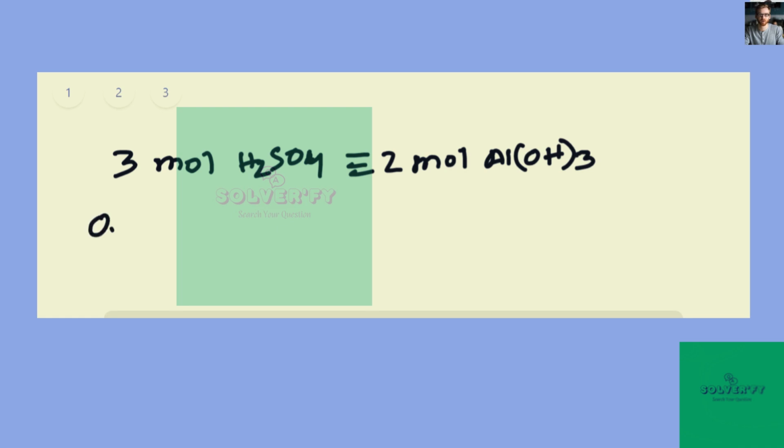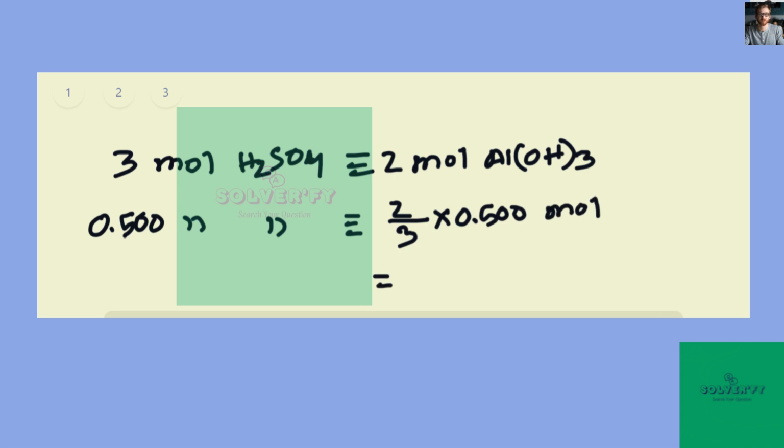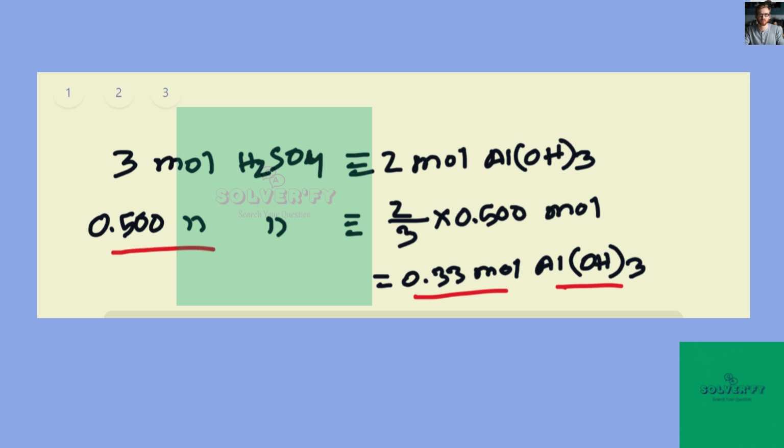That means 0.5 mole of H2SO4 will react with 2 over 3 times 0.5 mole, or 0.33 mole aluminum hydroxide. That means this much mole of aluminum hydroxide will react with 0.5 mole of H2SO4, which is provided.